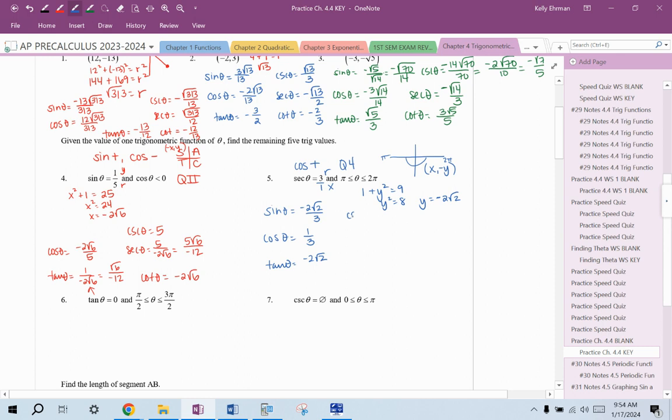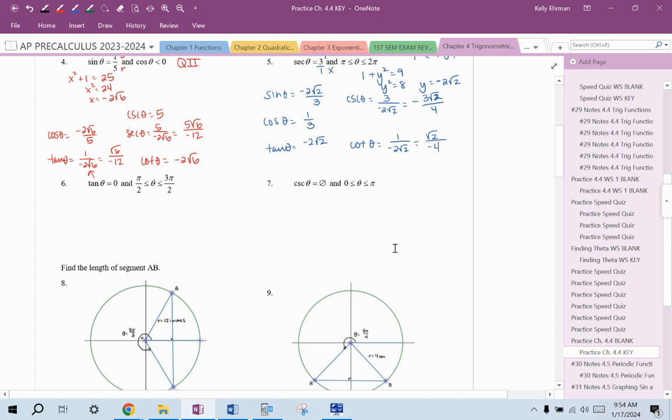And then cosecant theta is 3 over negative 2 radical 2. Rationalize that. Negative 3 radical 2 over 4. We already have secant. Cotangent theta would be 1 over negative 2 radical 2. Multiply that by radical 2 on the top and the bottom. You get radical 2 over negative 4.